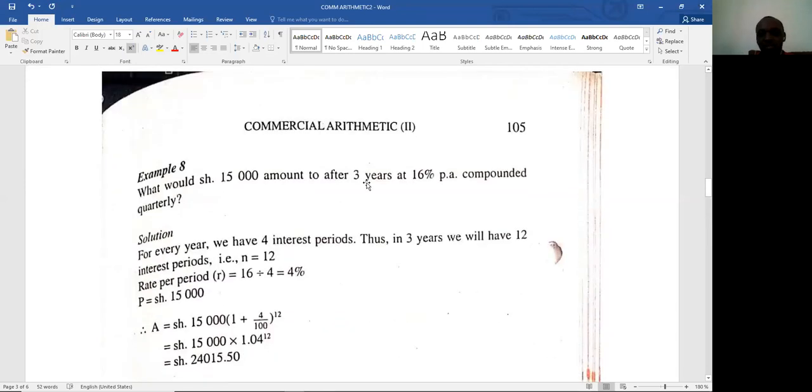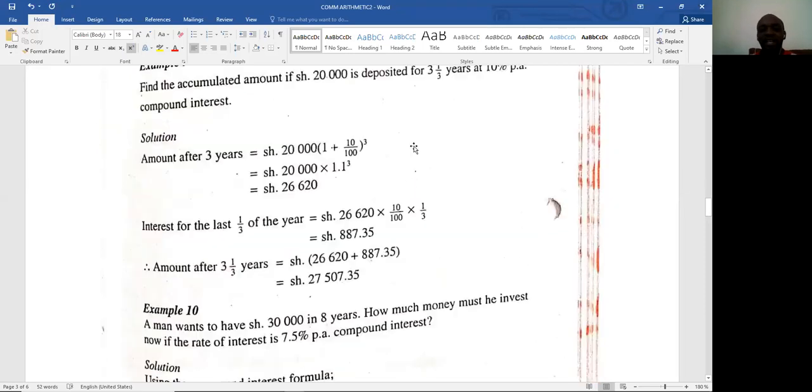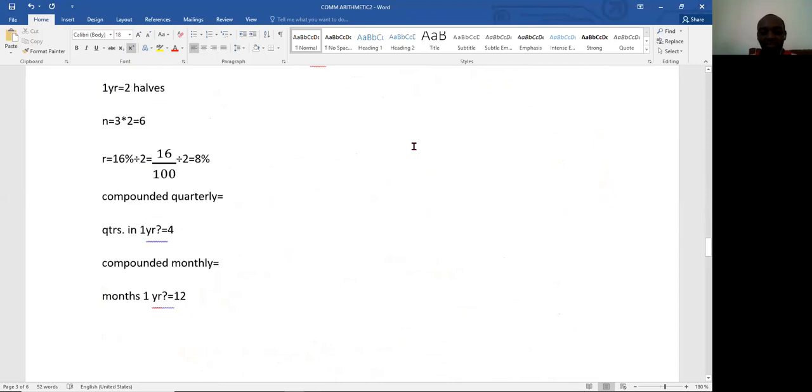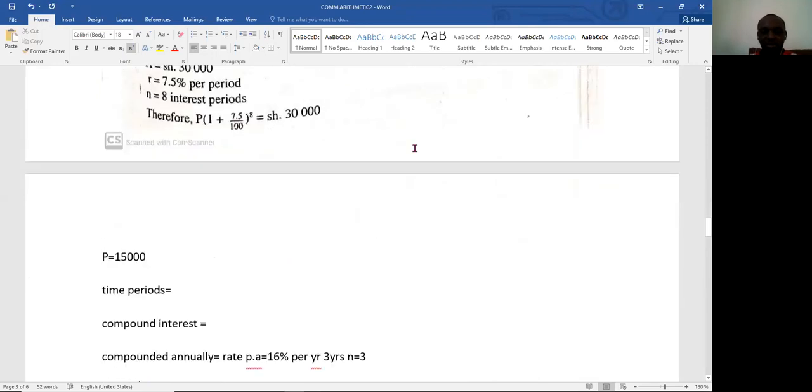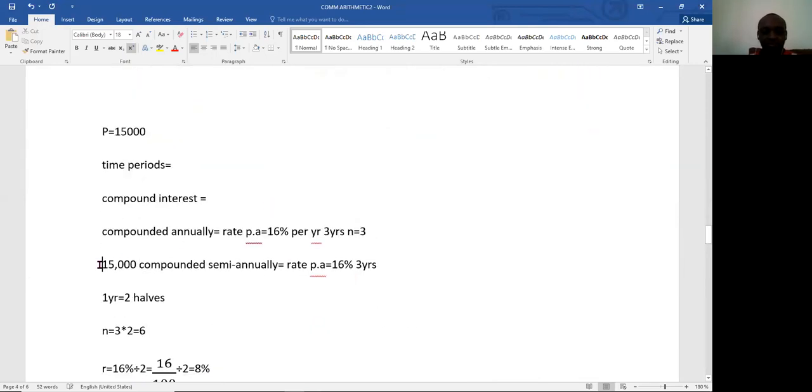What would 15,000 amount to after 3 years at 16% compounded semi-annually? Now we are doing semi-annually. So what would 15,000 amount to?